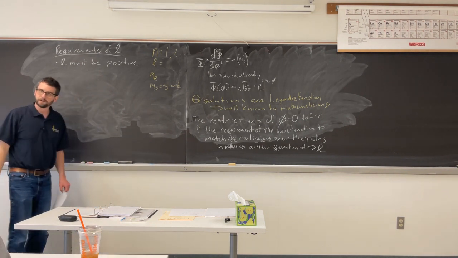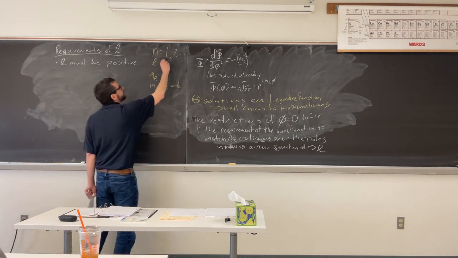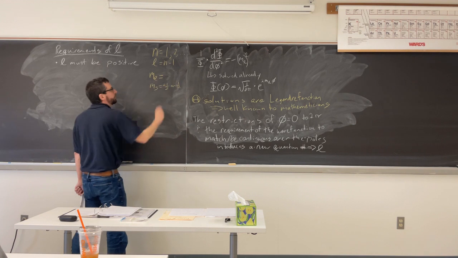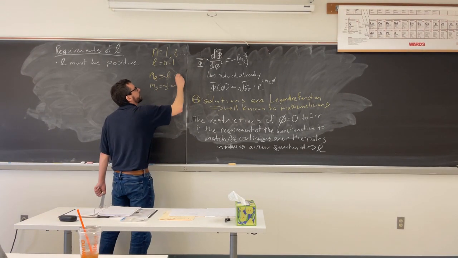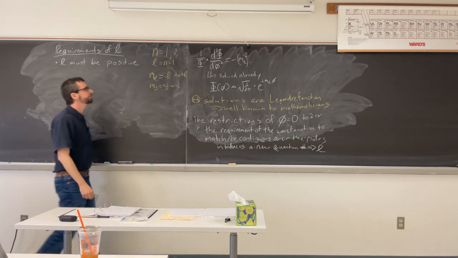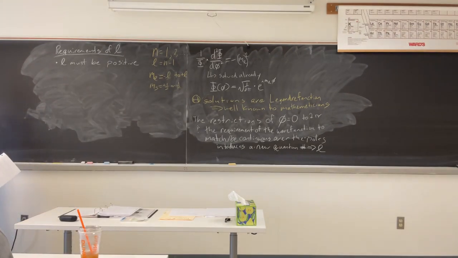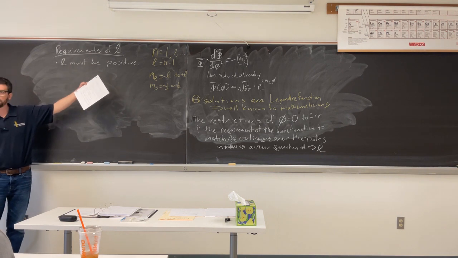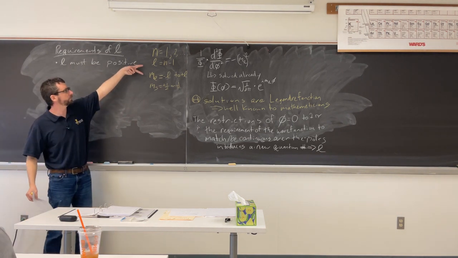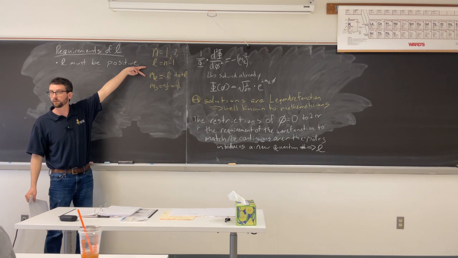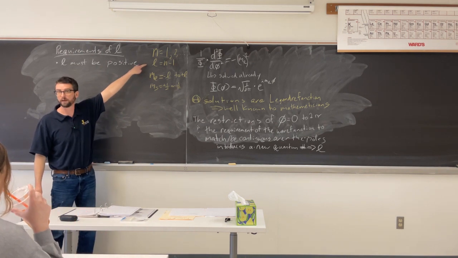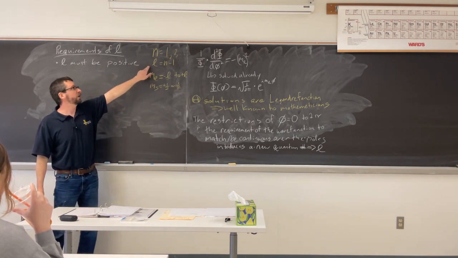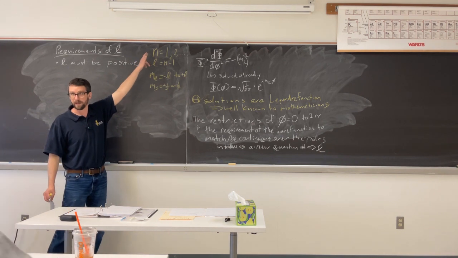What's the rule for L? Yep. The rule for M_L? Yep. Okay, L depends on N, right? Or is restricted by that, but what about these two? Yeah, they sort of depend on each other. If you know this one, you can know that one. Even if you know this L, you don't quite know your N value.